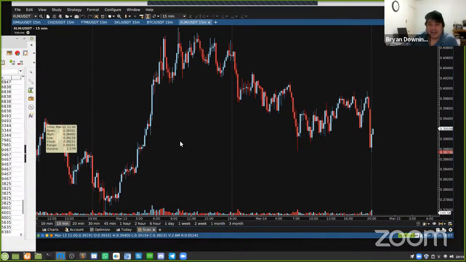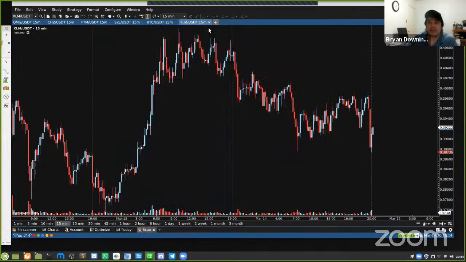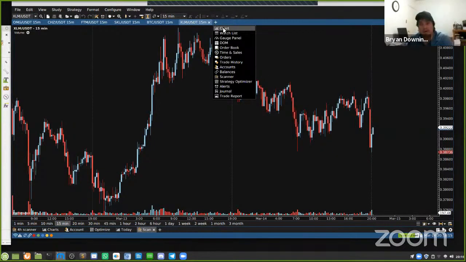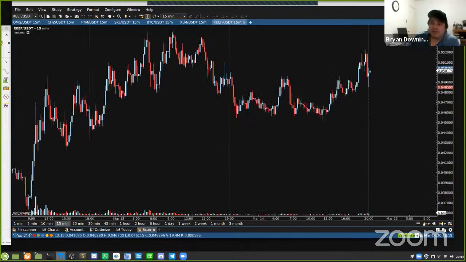NER, REF. REF, USDT. So this one here. So again, let's say you just take it here or here as an example. At 3:45, the close there is at 4.6 cents, moved up to 4.9 cents.